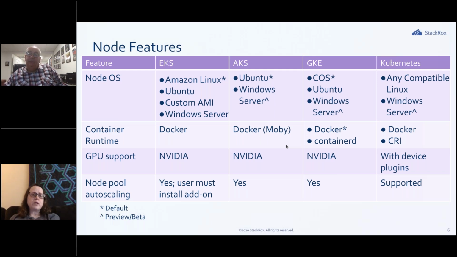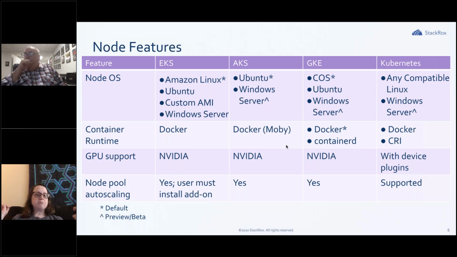They do have support for Windows. If you're doing self-managed, you have the option of Ubuntu or other images, or you can make your own image as long as it has the required services like the kubelet and a container runtime, and it will join the cluster. You can use your own image, which is really useful if you want to add monitoring or any kind of third-party changes.